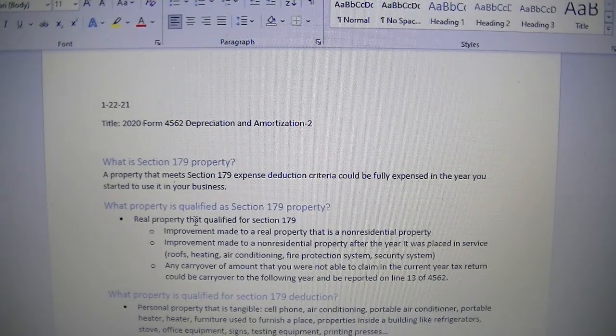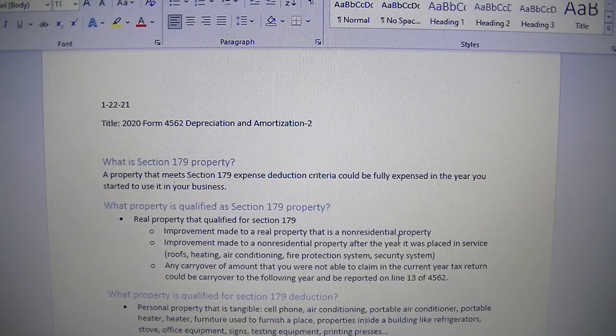What property is qualified as Section 179 property? Real property that qualifies for Section 179: improvement you made to a real property that is a non-residential property.